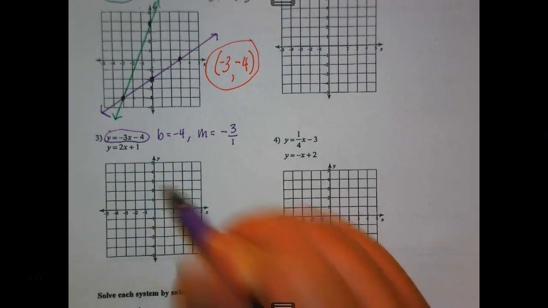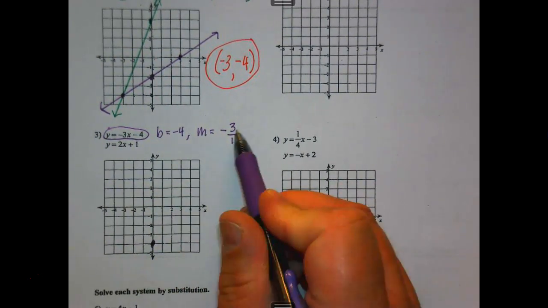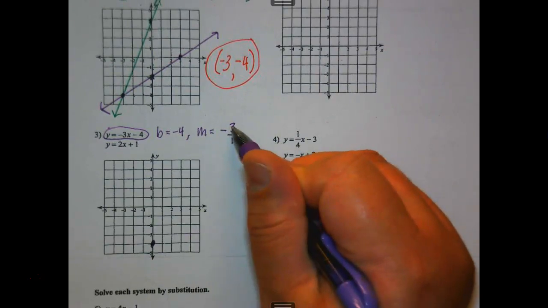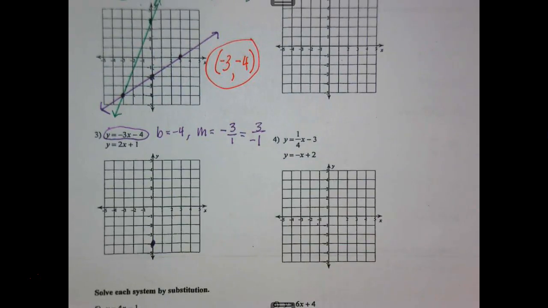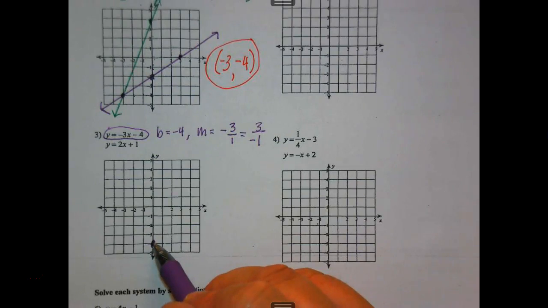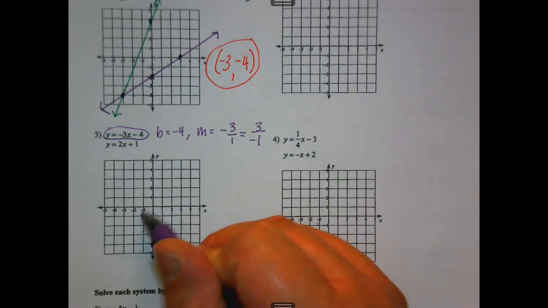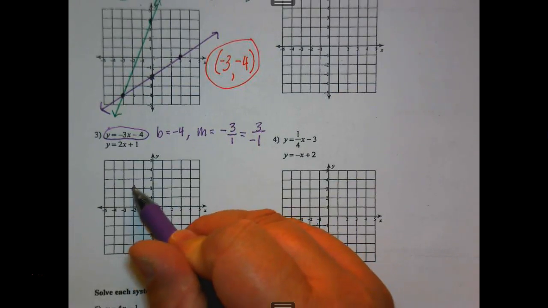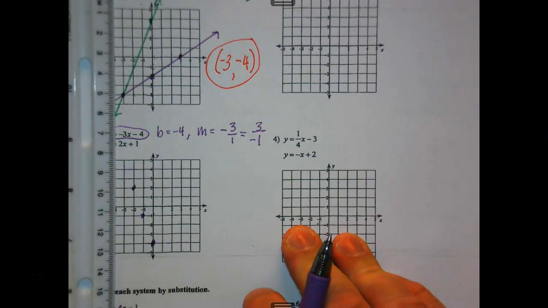So it intersects the y-axis at -4. Now I could either put that with the 3 or I can put it with the 1, the negative sign. I'm going to put it with the 1. So I'm going to go up 3 to the left 1. Up 3 to the left 1. Draw your line.